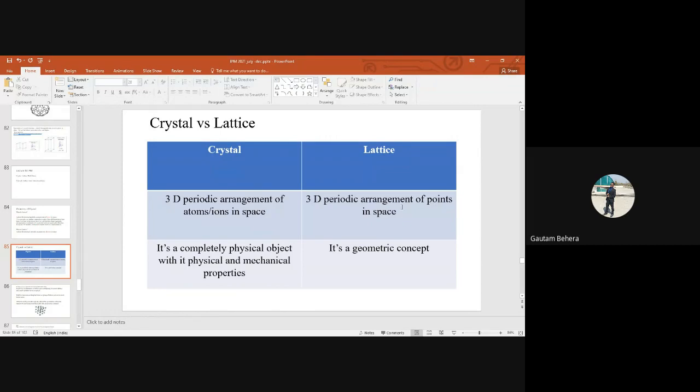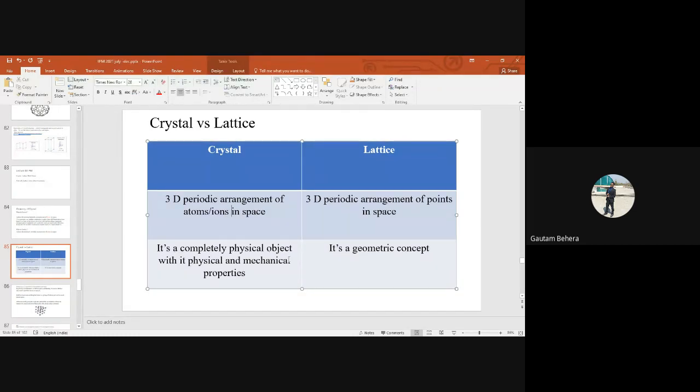This is actually an imaginary term. It is not a physical object or physical body. It is an imaginary set of points, a 3-dimensional periodic arrangement of points in space, right? So basically, it is a geometric concept. But a crystal is a 3-dimensional periodic arrangement of atoms, ions, or a group of atoms in space, right?